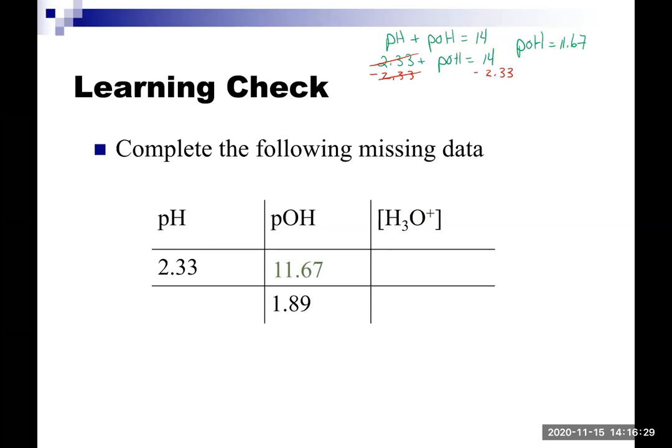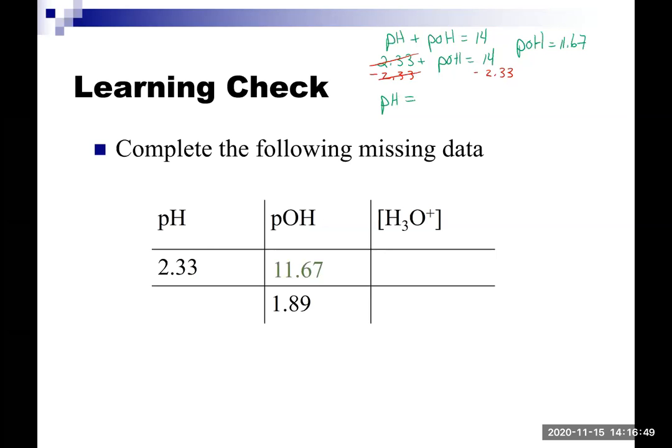And now we need to calculate H3O plus. So in calculating H3O plus, we need to do what's called an antilog. Because we had a log-based scale, let's think about how we got the pH in the first place.